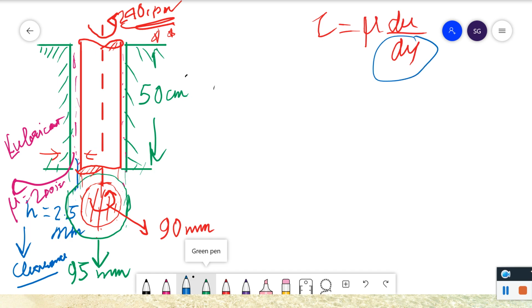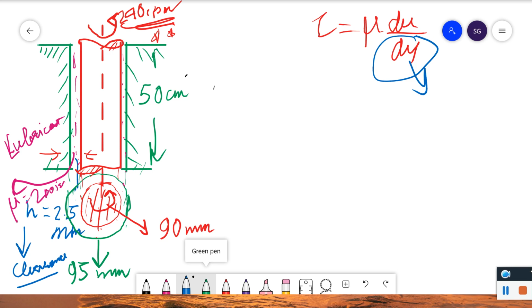We have this y, that is the clearance. So this clearance is nothing but 2.5 mm. And how to calculate this clearance, I will show you. This is the thing we are required to calculate, this clearance part. This one arrow represents the clearance.